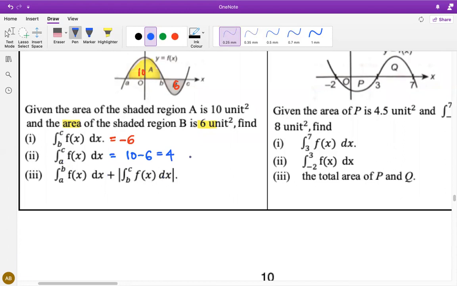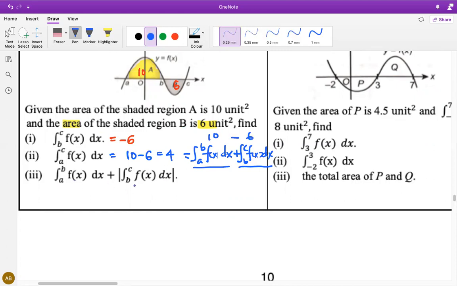How to get this is the area from A to B, Fx dx, and then you plus the area from B to C, Fx dx. So this part is 10, then this is minus 6, negative 6. So therefore you get 4 here.